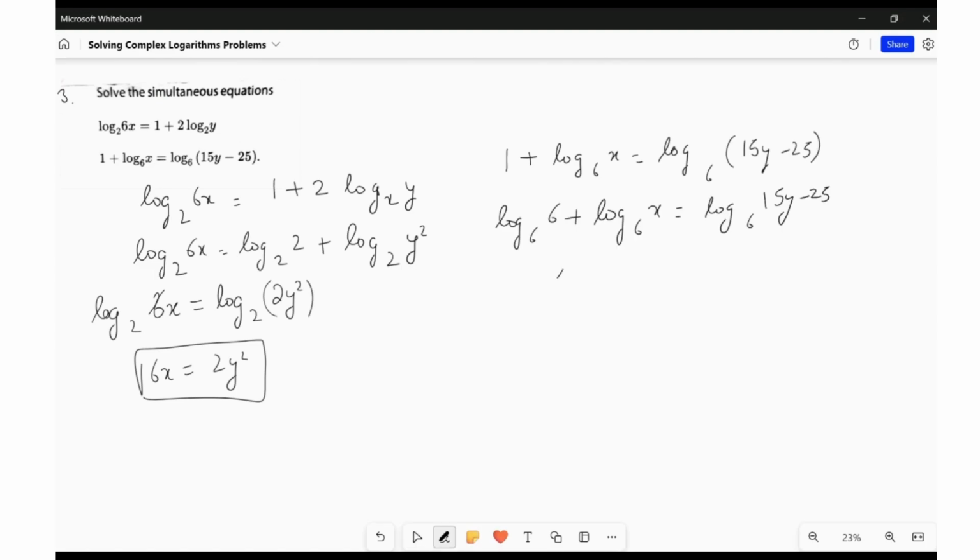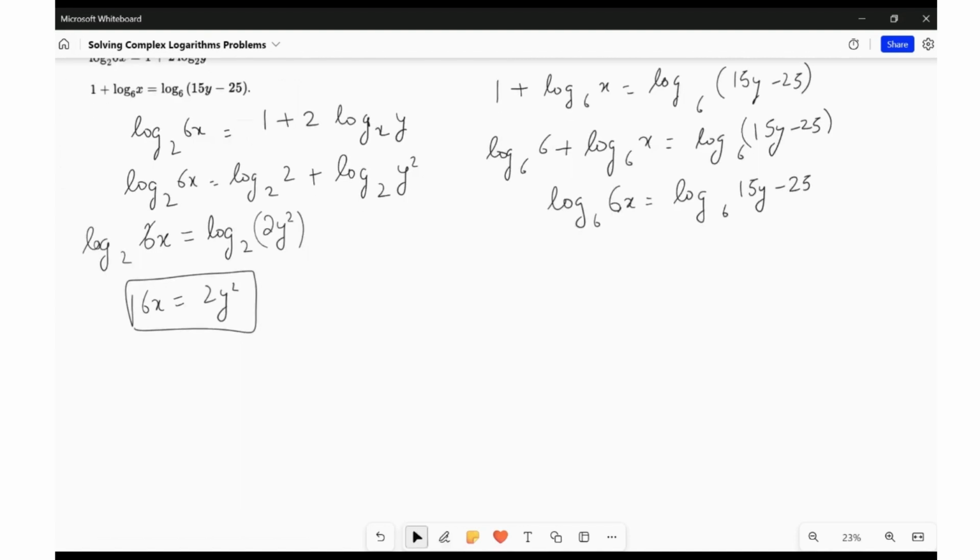From this we can write log 6x base 6 is equal to log 15y minus 25 base 6. Since the bases are again the same, 6x is equal to 15y minus 25. Now we can take 6x as 2y square, right? So 2y square is equal to 15y minus 25.